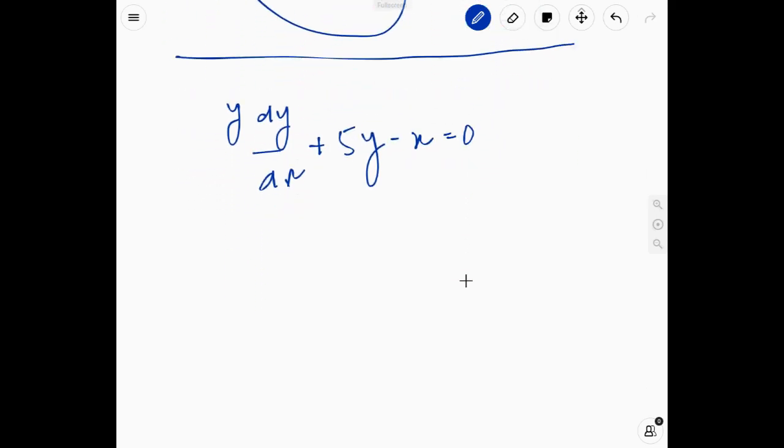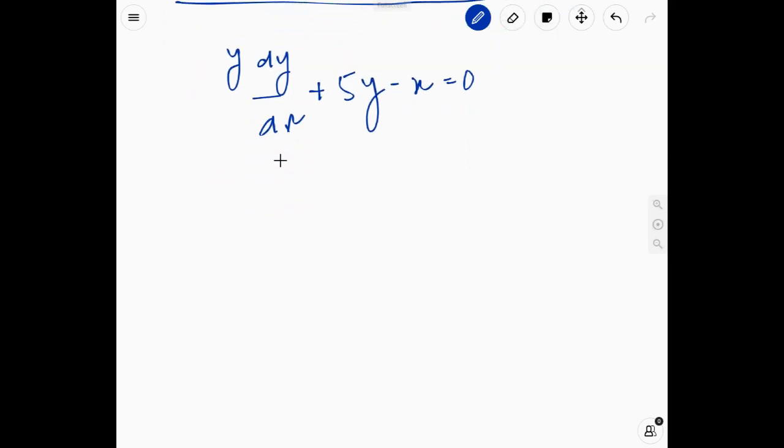The left hand side of this equation can be thought of as a function. Let the function be capital F, and it is the function of the independent variable x, the dependent variable y, and the derivative of the dependent variable with respect to the independent variable.